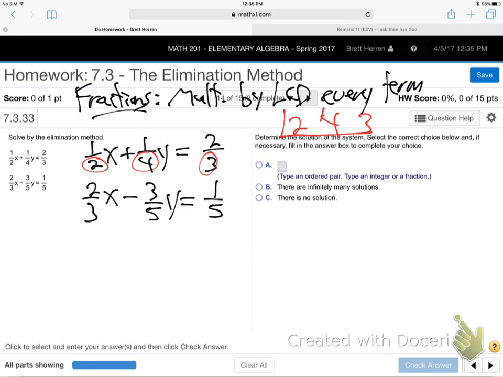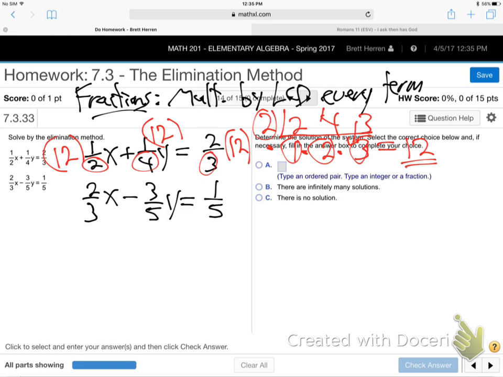So then what goes into a couple of those? 2. 2 does. 2 goes into 2 one time, 2 goes into 4 2 times. Bring down the 3 because it doesn't go in. Good to there? 12. And then multiply them together. 2 times 1 times 2 times 3 is 12. So I'm going to go 12, 12, 12.